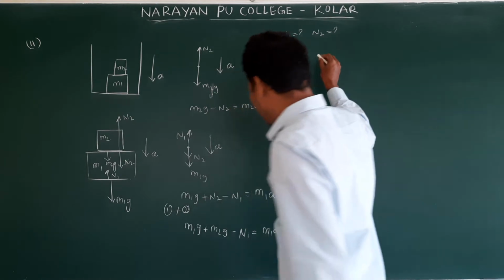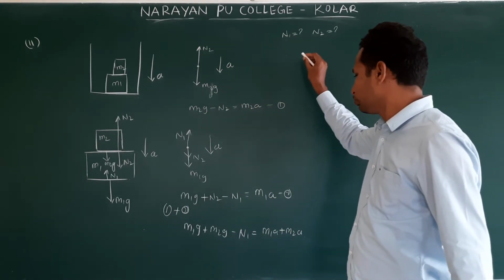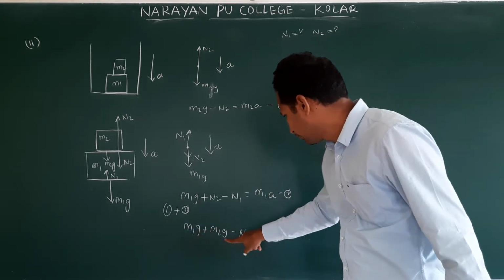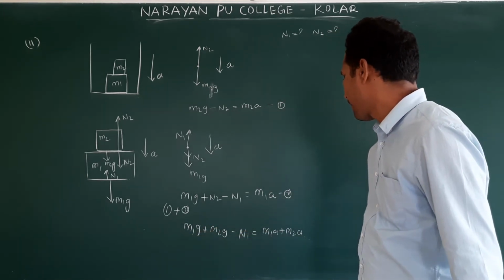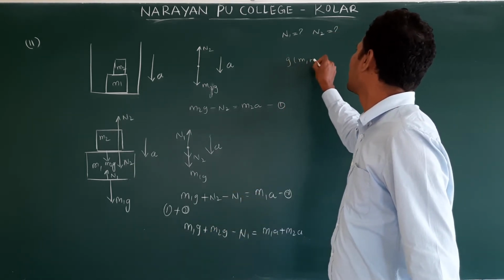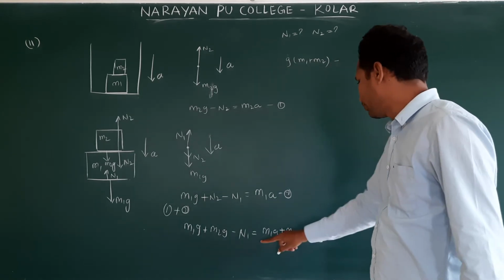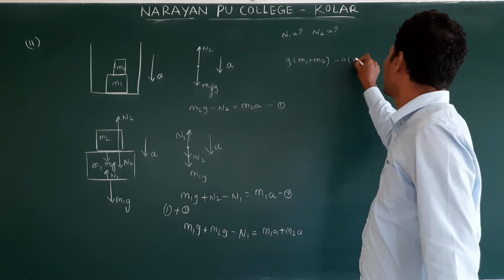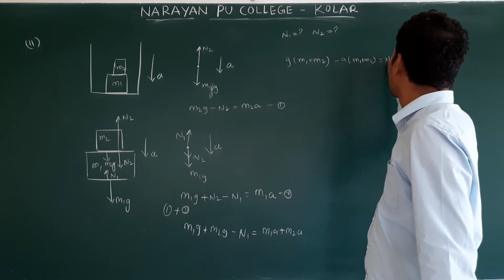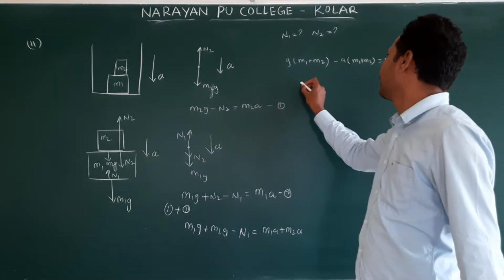Now make N1 the subject. So g common, M1 plus M2, minus a common, M1 plus M2, is equal to N1. Then what is common again?